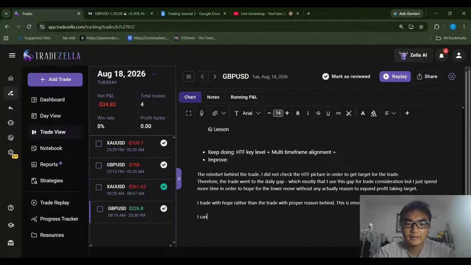I could get out of the trade with a very good profit around every dollar at the key level. I chose to stay to make more.